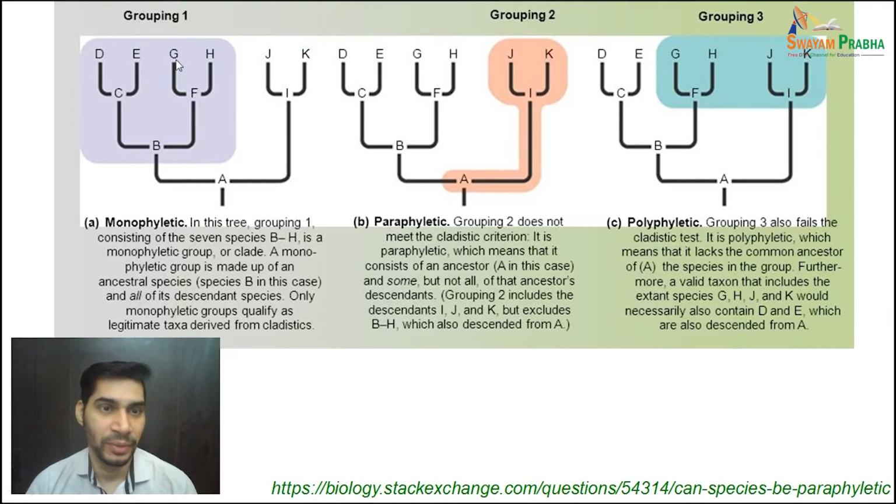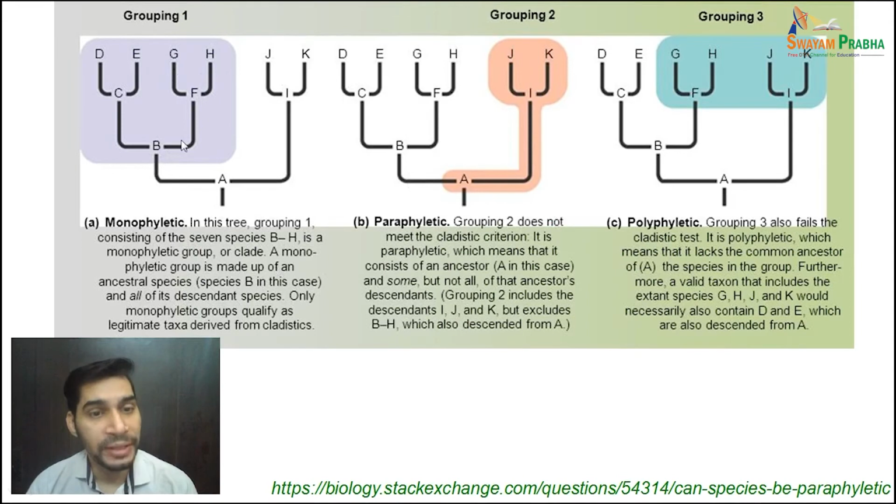In this grouping 1, there are 7 species, B to H, and it represents a monophyletic group, which means a group which is made up of an ancestral species, which is B here, and all of its descendant species. So a common ancestor and all its descendant species, if they are depicted here all together, is called a monophyletic group.